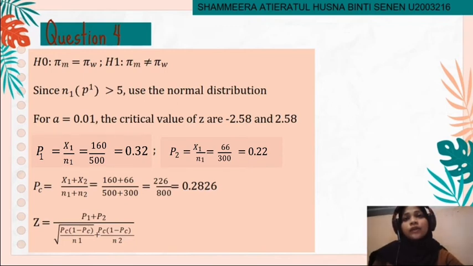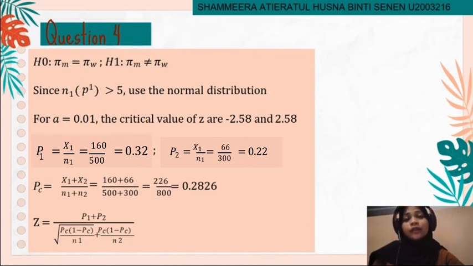How can we solve this question? Firstly, you have to state the null and alternative hypotheses. The keyword is that there is a difference, so our hypotheses will be difference or no difference. Since the sample sizes are relatively large, we use the normal distribution.